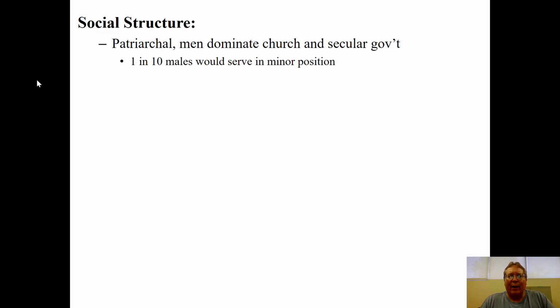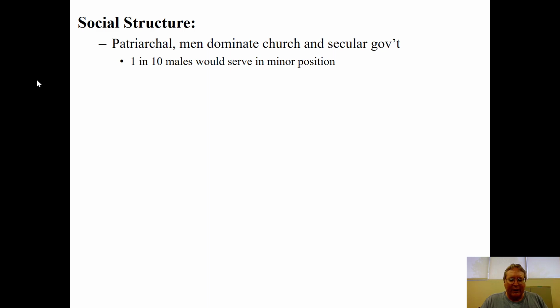What is interesting, however, in the Puritan community is that, for the most part, if you're a member of the community, you'll be given land, which means you have a voice in the community. And essentially, at any given time, about 10% of the community is in what we would consider government positions, right?